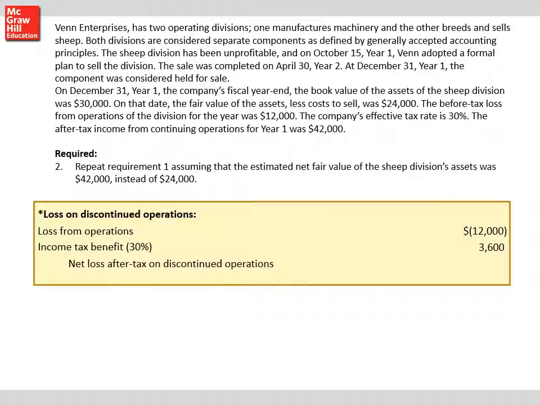Okay, and that's the conservative principle. The loss, yes. If it's a gain situation, no. So the loss on operations is $12,000. 30% of that will cause you to have an income tax savings of $3,600. So since you're saving $3,600 in taxes, the actual loss on discontinued operations is $8,400.